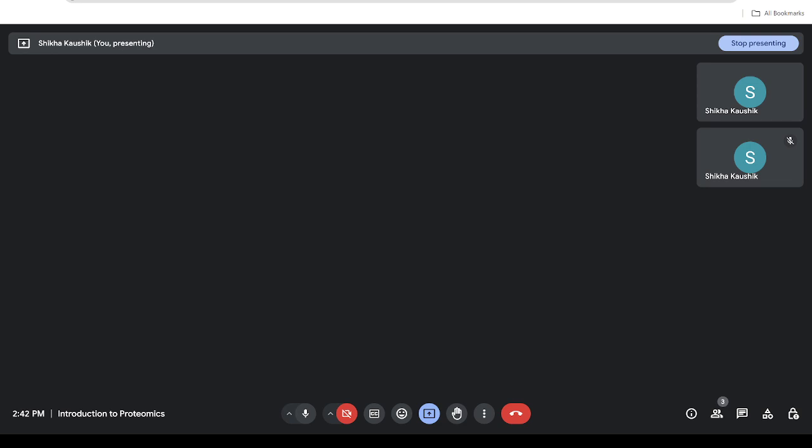Now the droplets keep breaking until finally a single one is left. Then the charge is retained on the residue after all solvent evaporates, leaving a gas phase ion with minimal fragmentation. So because the solvent is evaporating, what is left at the end will be a gas phase ion, and its fragmentation is minimal at that particular time.